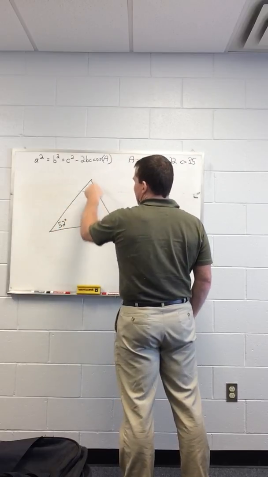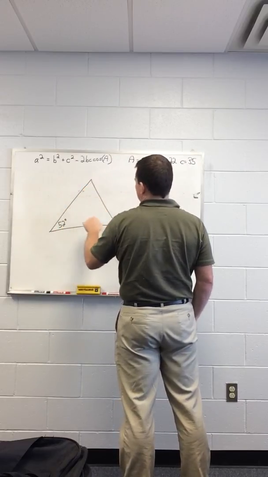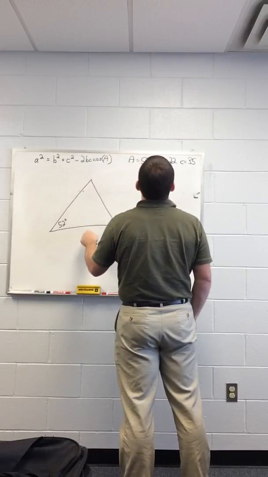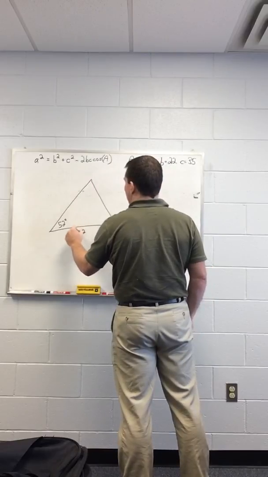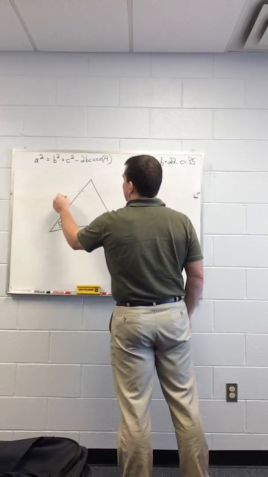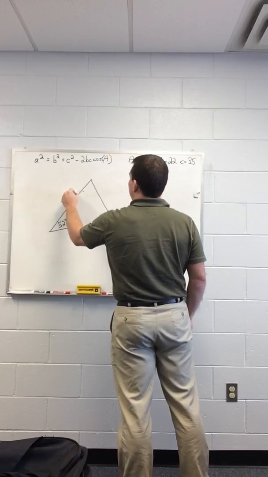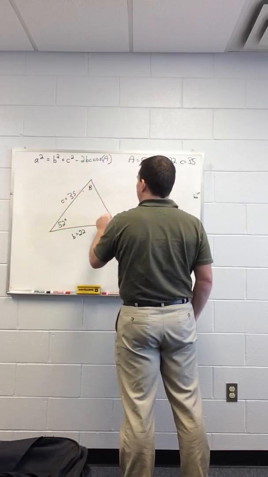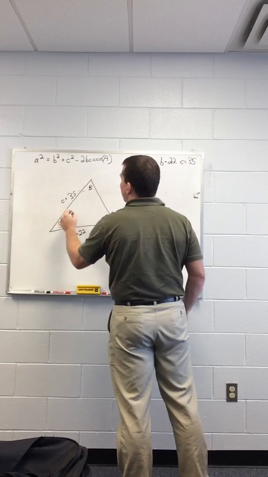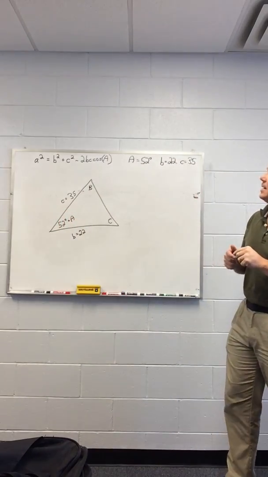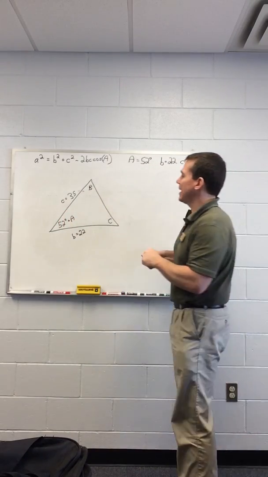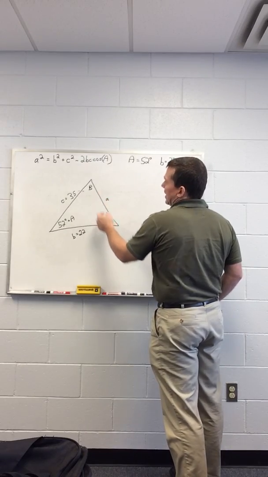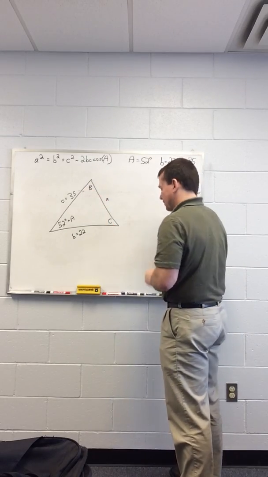This is angle B up here, that's where we usually put it. We'll put B as 22 down here, and C as 35 over here. That's angle B, that's angle C, and this is my A. I want to find this side over here, lowercase a, given capital B and capital C.